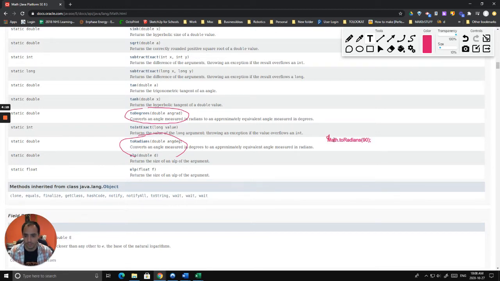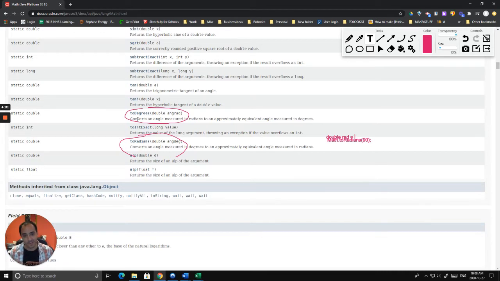So I would say something like double rad equals Math.toRadians(90), and it would take that 90, represent it as radians for Java, and then you can use that however you want in some of the other formulas.